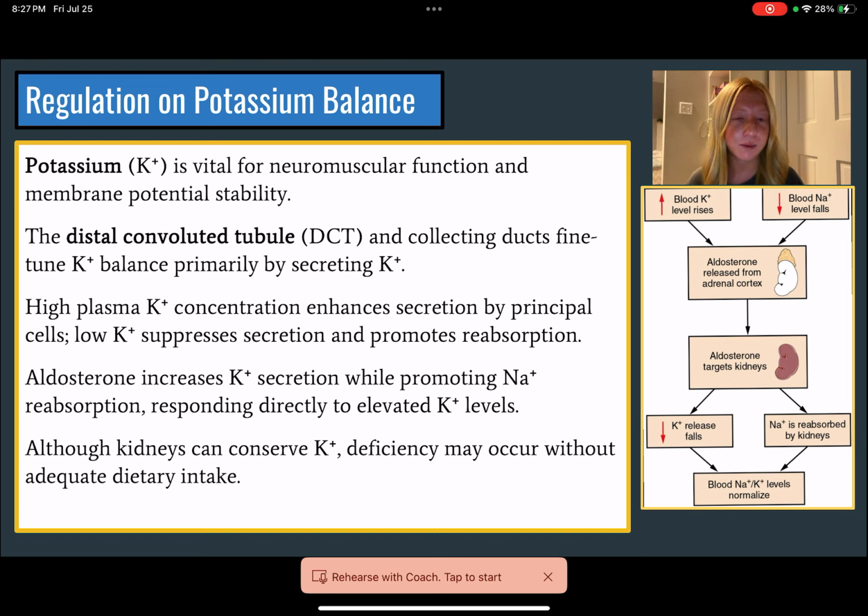Low potassium suppresses secretion and promotes reabsorption. Aldosterone increases potassium secretion while promoting sodium reabsorption, responding directly to elevated potassium levels. And although kidneys can conserve potassium, deficiency may occur without adequate dietary intake.